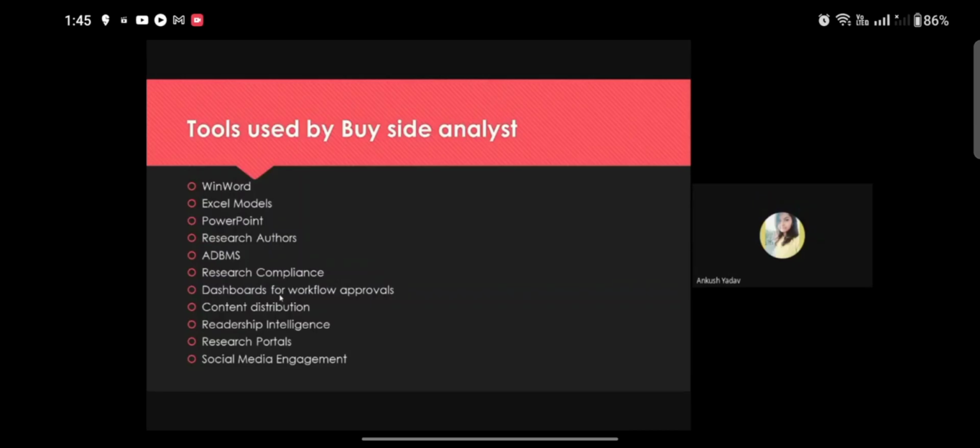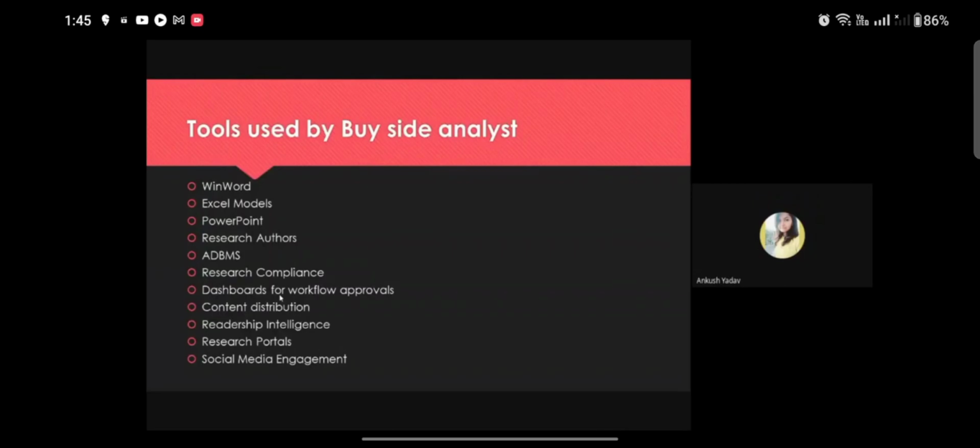Once the report gets published, it is distributed with the help of emails, social media and research portals. The moment we publish a report, it is sent to our clients based on rule-based integration.